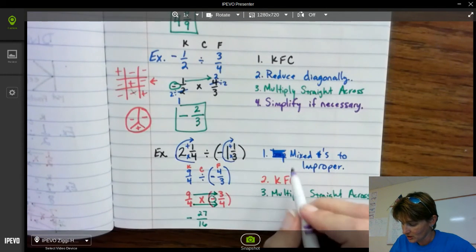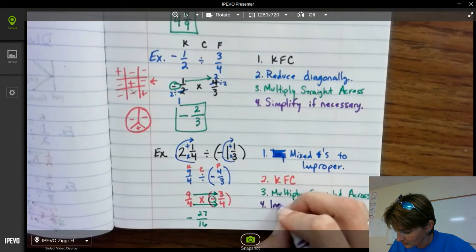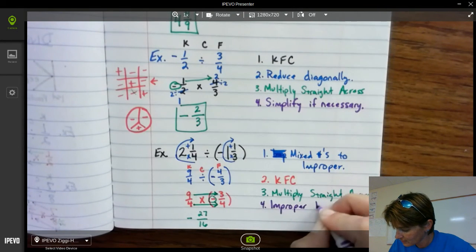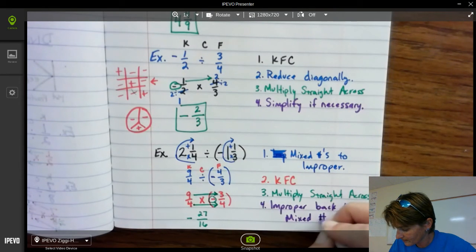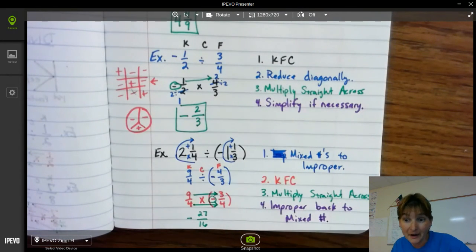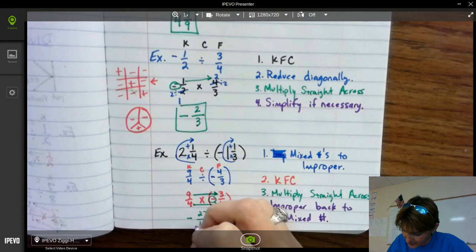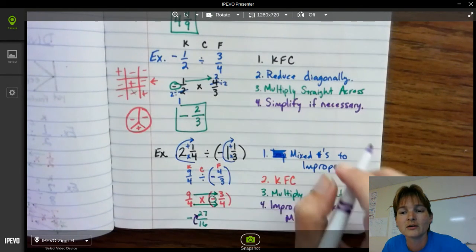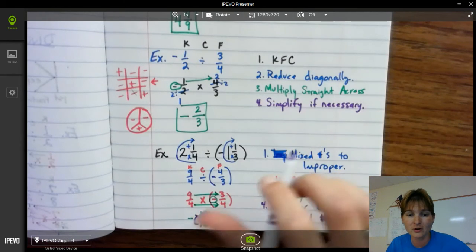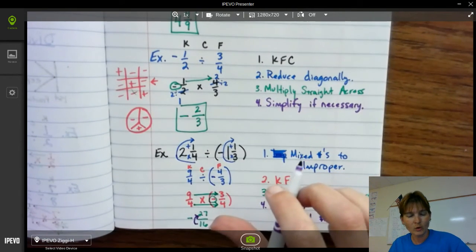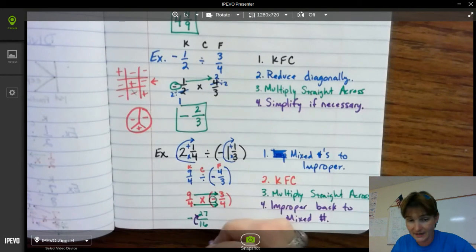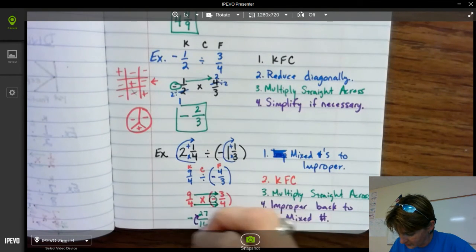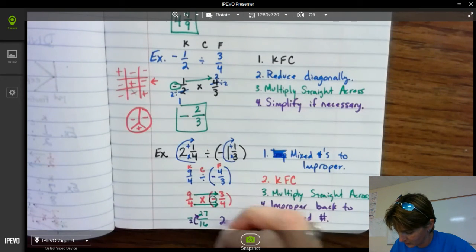We need to change our improper fraction back to a mixed number. Again, I kind of ran out of room, so bear with me. 16 goes into 27 one whole time. If I do two of them, ooh, it does go in 2 times. What about 3? Nope, 3 would be too much. So 16 into 27 2 whole times, because 16 times 2, 6 times 2 is 12.